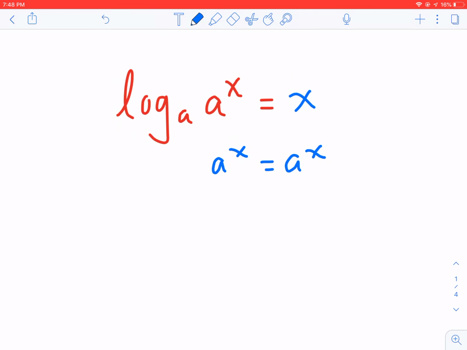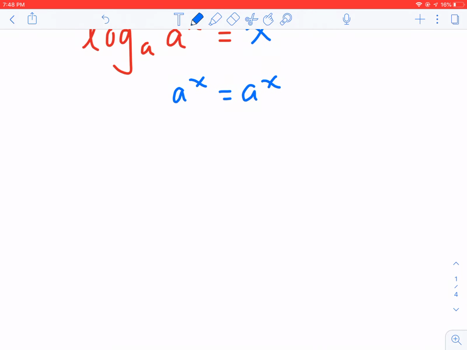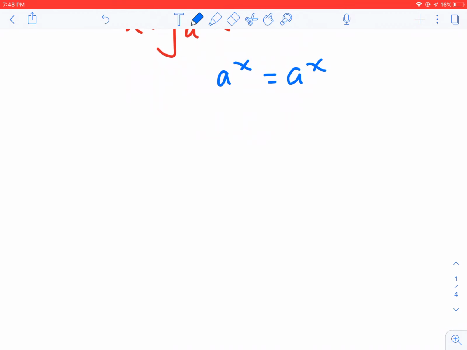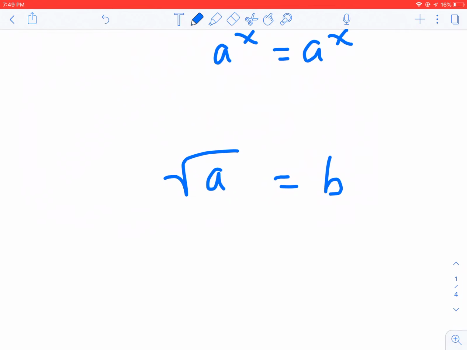Also in the video, he does something which we haven't done before, but it should make sense. He takes the log of both sides of an equation. Let's just say that a is equal to b. If a is equal to b, then we can also say 2a equals 2b. We can also say that the square root of a is equal to the square root of b.